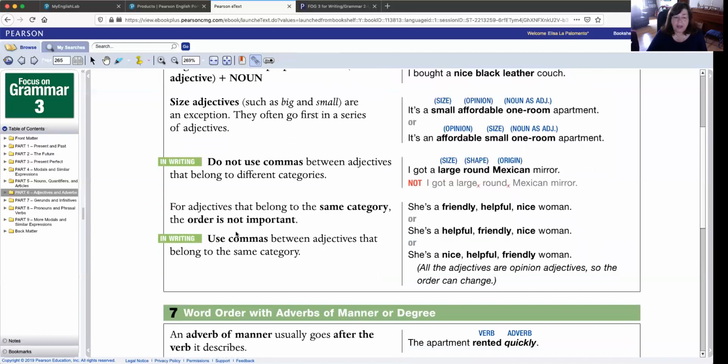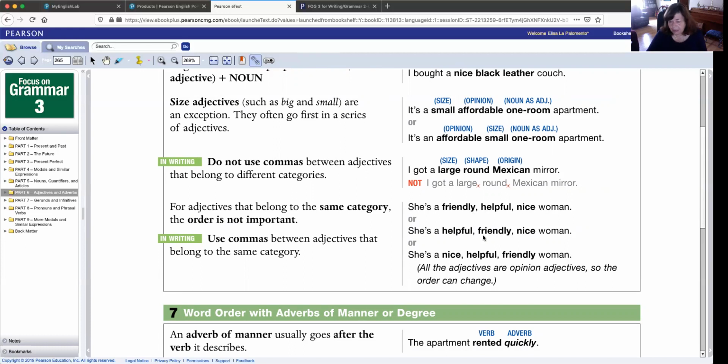However, for adjectives that belong to the same category, the order is not important. So here we have, she's a friendly, helpful, nice woman. Friendly, helpful, and nice. All of these words come from the opinion category. And you can put them in any order. You can say she's a friendly, helpful, nice woman, or you can say she's a helpful, friendly, nice woman, or you can say she's a nice, helpful, friendly woman.